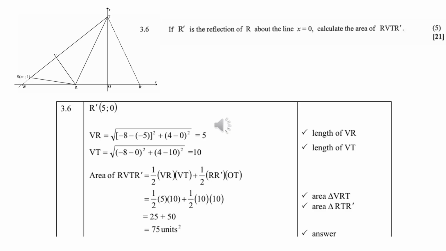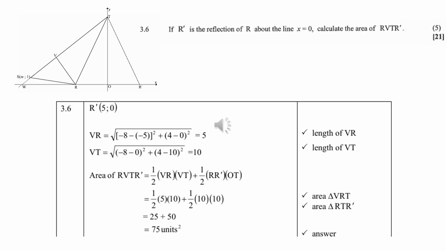So now I've got the length of VR and VT. So if I look at the area of the triangle RVT, a half base times height, so it's a half times 5 times 10. And in the other triangle RTR image, the RR image is the base, which is of course 10.